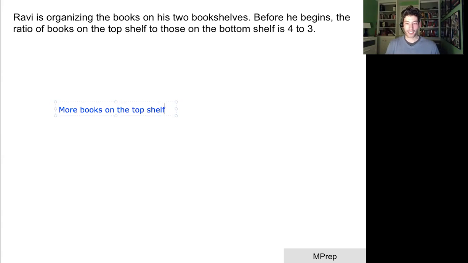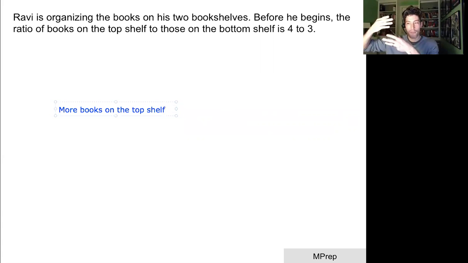And specifically, yeah, I got some really great suggestions coming in. You know that the books come in sets of 4 on the top and 3 on the bottom. But you don't know how many sets of 4 and 3 there are, right? So there could be a couple sets of 4 and 3 going across the bookshelves. And so hey, there's a multiple of 4 books on the top.